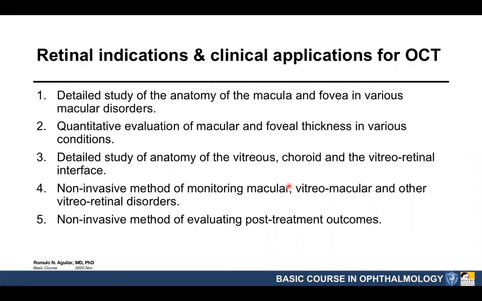The retinal indications for OCT are when you want to study the anatomy of the macula and fovea in the various disorders, if you want to evaluate macular and foveal thickness, if you want to study the anatomy of the vitreous, choroid, and the vitreoretinal interface, if you want to monitor macular, vitreomacular, and other vitreoretinal disorders, and if you also want to evaluate post-treatment outcomes.